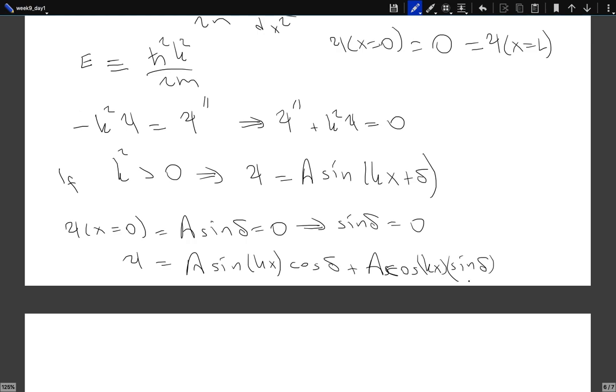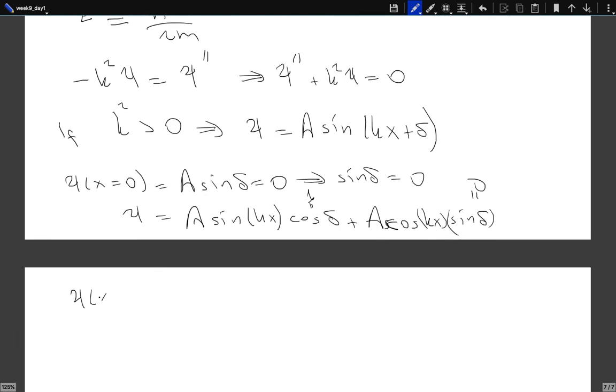Cos δ is 1. Well, in fact, cos δ can also be minus 1. But since I don't know what A is anyway, that minus sign I can just absorb in A. So this is 0. This is 1.